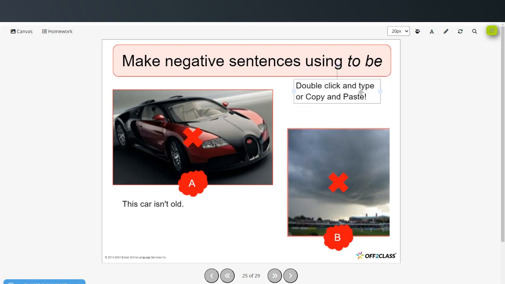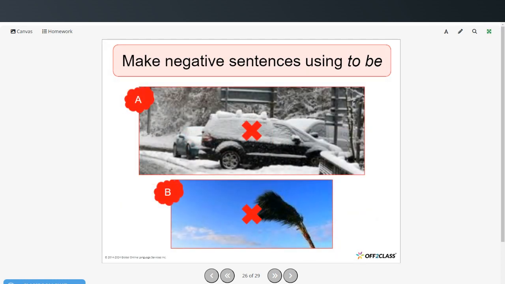And for picture B, the weather isn't sunny. It isn't warm. The wind isn't calm.